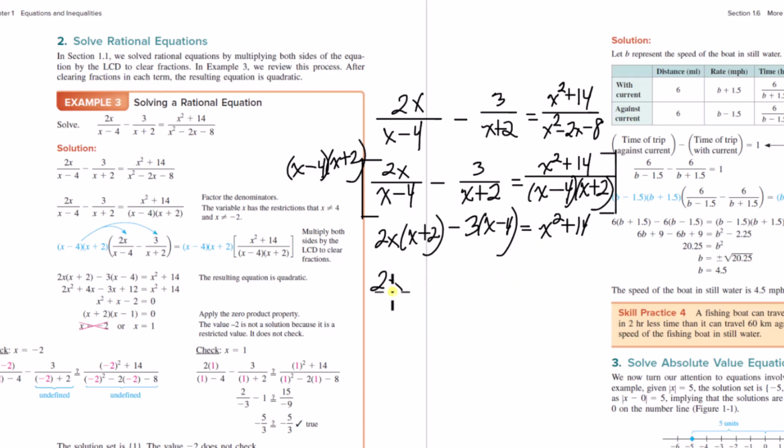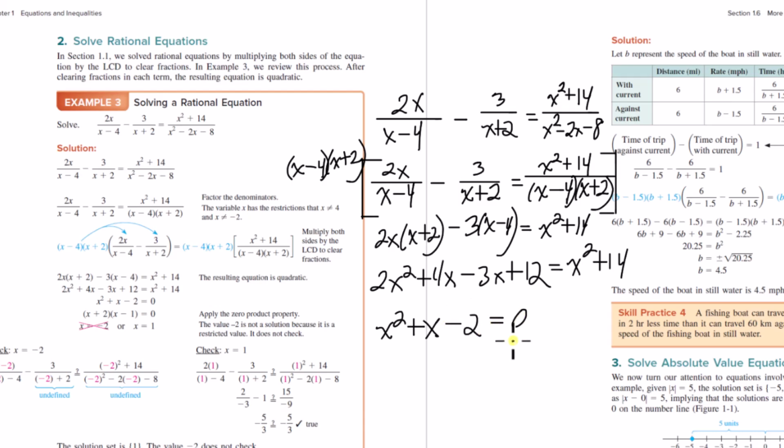So 2x squared plus 4x minus 3x plus 12 is equal to x squared plus 14. Subtract x squared from both sides. You get this. 4x minus 3x is x. Subtract 14 from both sides, you get this.